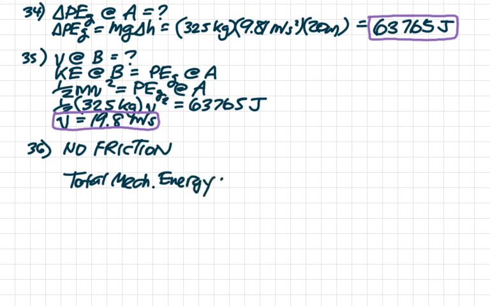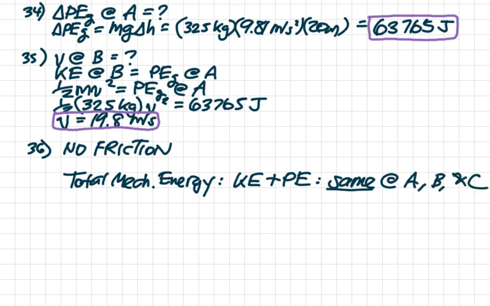Total mechanical energy, which is, we know, kinetic energy plus potential energy, is the same at A, B, and C. Now, to be clear, just to illustrate that a little bit more, at A, it's all gravitational potential.